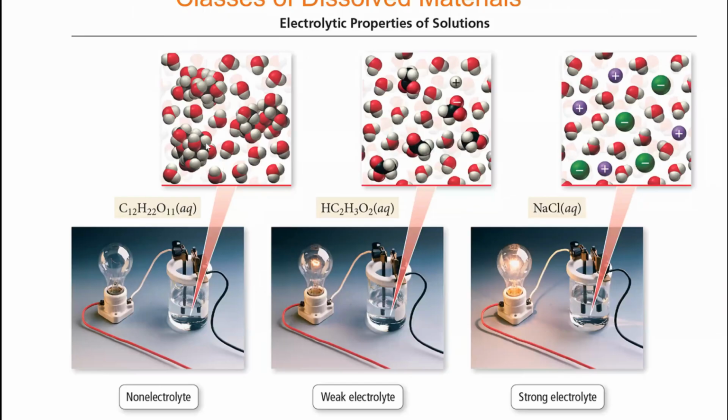So yeah, non-electrolytes are going to be anything sugar. It's a complex structure that you can't break apart into ions based on the ions you know. So based on everything you learned from chapter 3 and 4, you should know that you have your polyatomic ions, you have your cations, and you have your anions. In the weak electrolytes and the strong electrolytes, you can clearly pick out your ions.